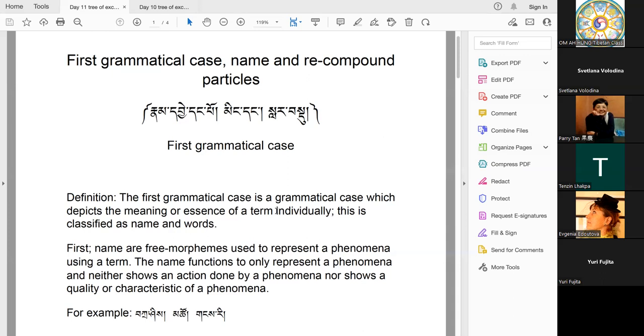So usage of the recompound particle with the name is known as the first grammatical case.